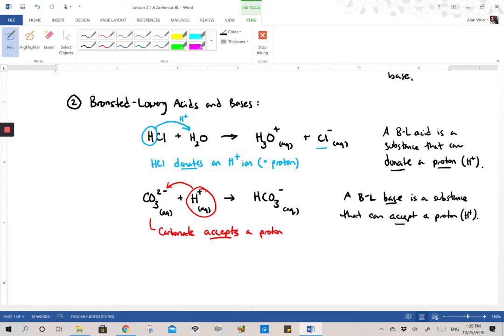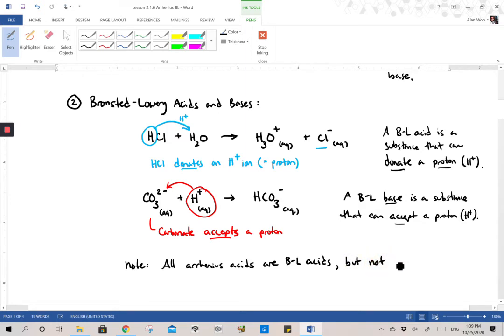Okay, so note: all Arrhenius acids are Bronsted-Lowry acids, but not all Bronsted-Lowry bases are Arrhenius bases.